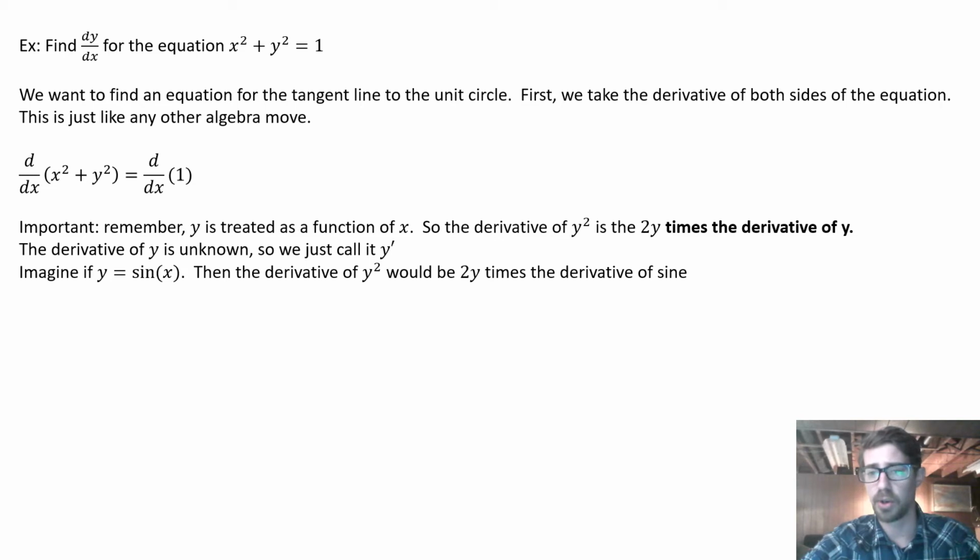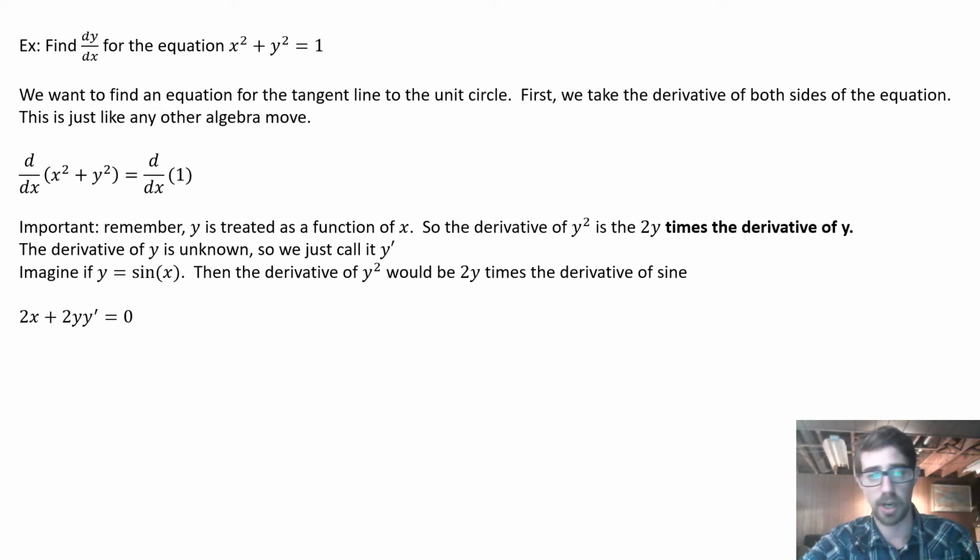Then if I ask you, okay, what's the derivative of y squared? Well, y squared would be sine squared. So by the chain rule, the derivative of y squared would be 2 times sine of x times cosine of x, right? So it would not just be 2y, it would be 2y times y prime. So that's the derivative of y squared here. So you have to imagine y as a function and use the chain rule.